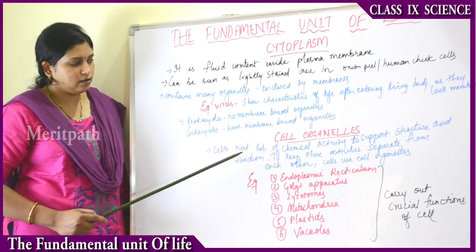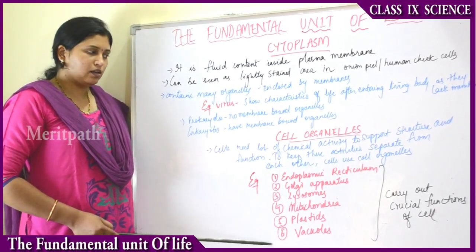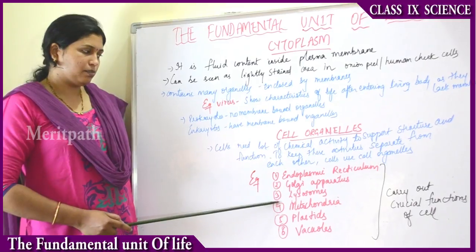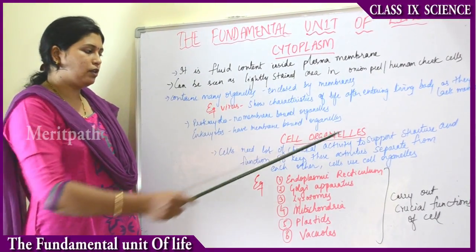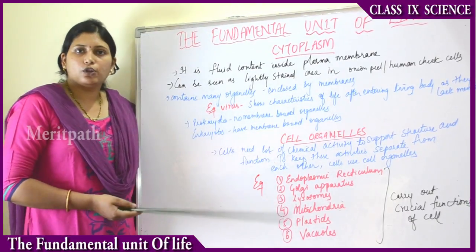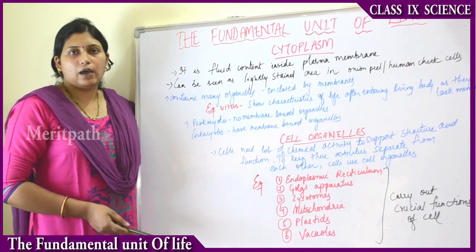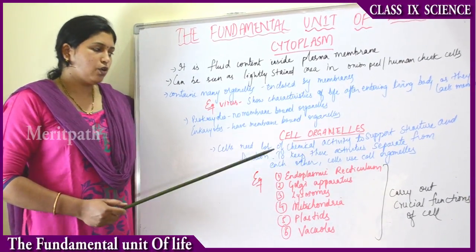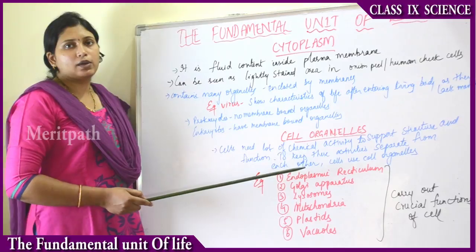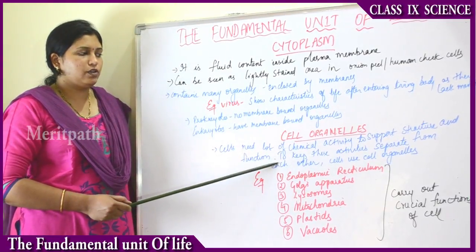Cell organelles are of 6 types. They are present inside the cytoplasm. Normally cells need a lot of chemical activity to support their function. Cells make up the organs of the body, then organs make up the organ systems, which make up the organism. So there is a lot of chemical activity going on to support the structure and function of life.